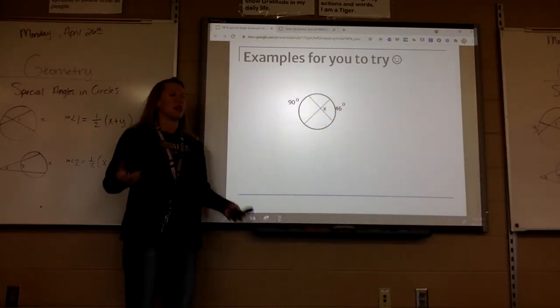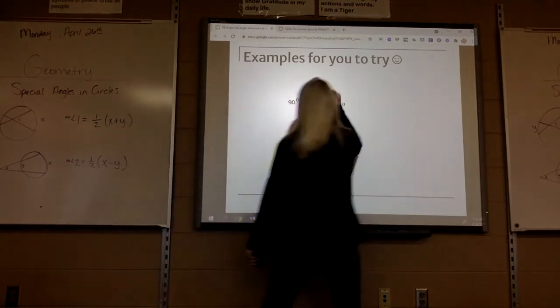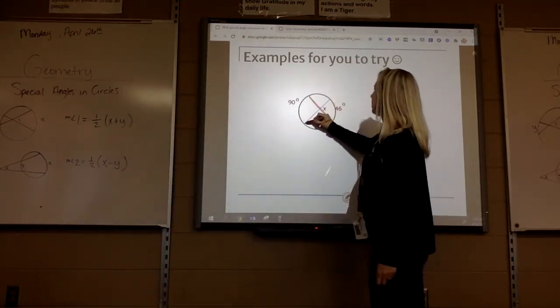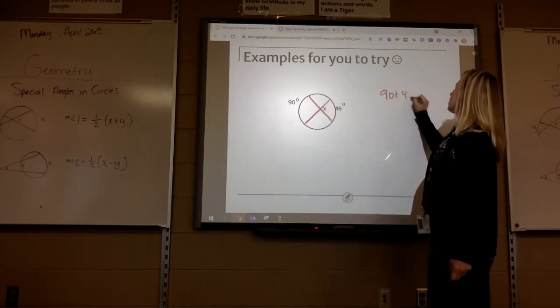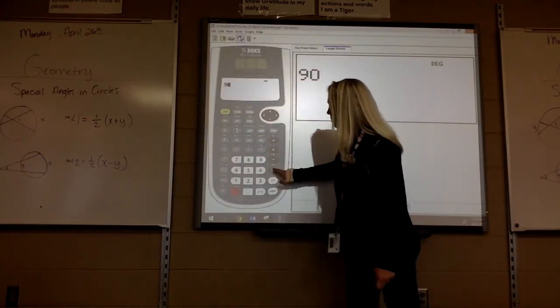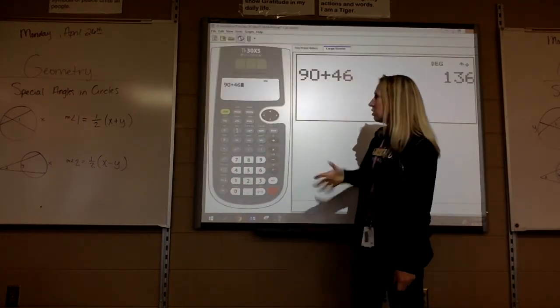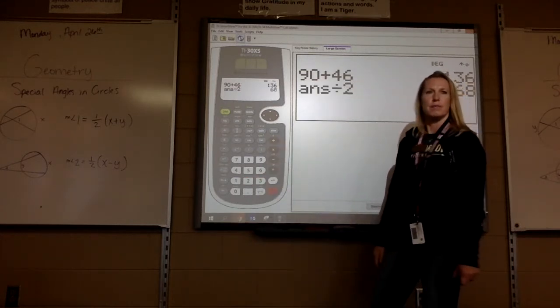Okay, so the angle's on the inside. Would I add or subtract? Add. If it's on the inside, I think of this like a plus sign. So 90 plus 46, hit enter first before you divide by 2. So 68.